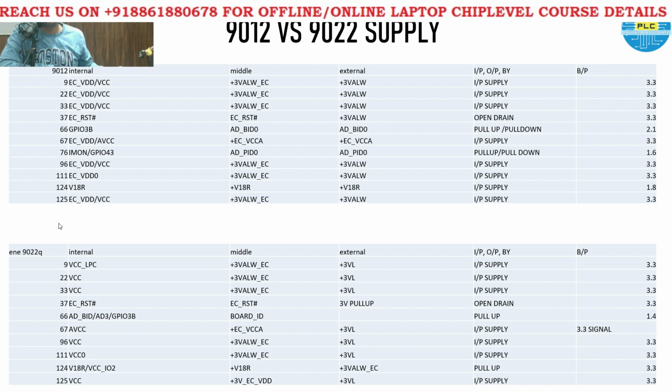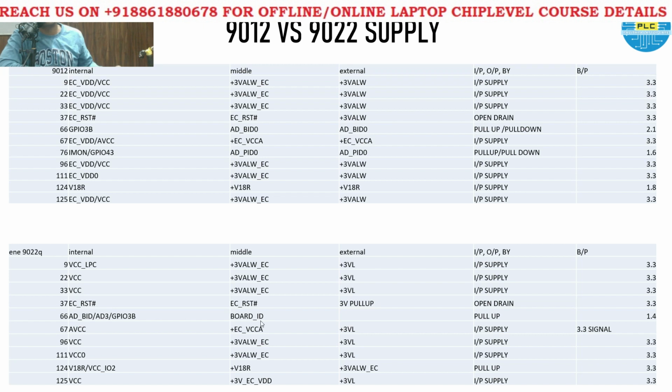Here in 9022, one more supply will be generated internally. It's 1.8 volts, V18R in 9012. In 9022 there is a 3 volt supply, a true pull up. You get 3.3 volts outside but not inside, and here by default you get 1.8 volts. This is the major difference.